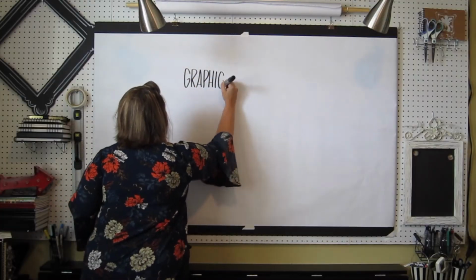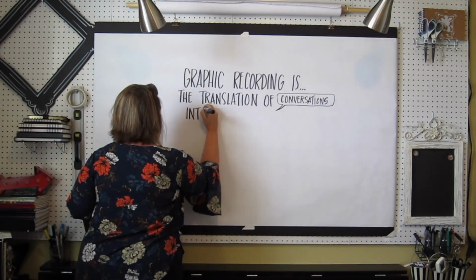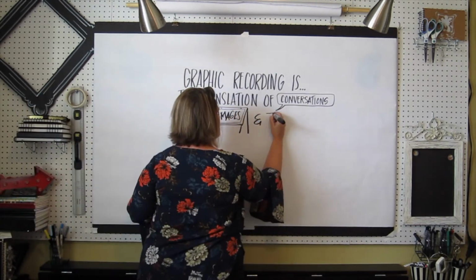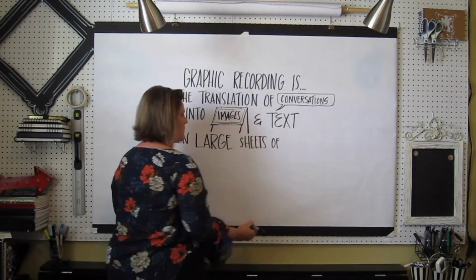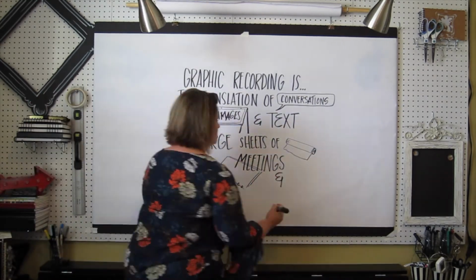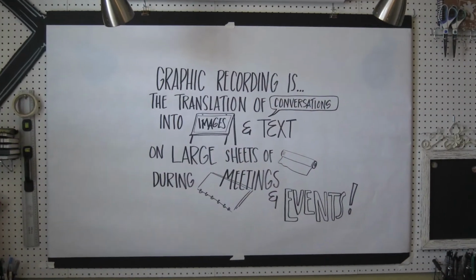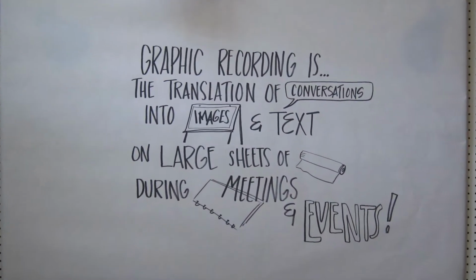Graphic recording is the translation of conversations into images and text on large sheets of paper during meetings and events. So a graphic recorder translates spoken word to visual image. Simple enough.